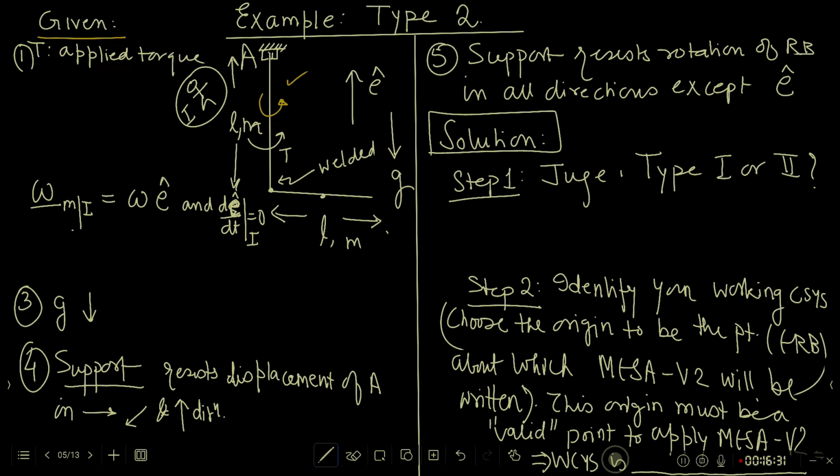The support also resists rotation of RB in all directions except E hat. So except this direction, all other angular velocity components will be resisted by the support. This is what is given.